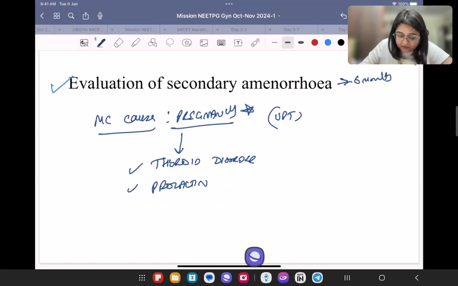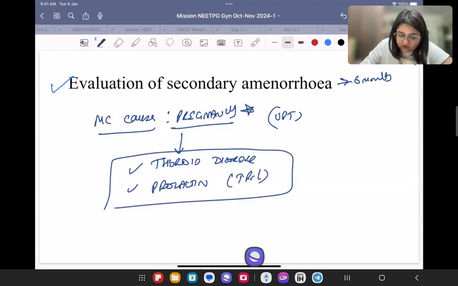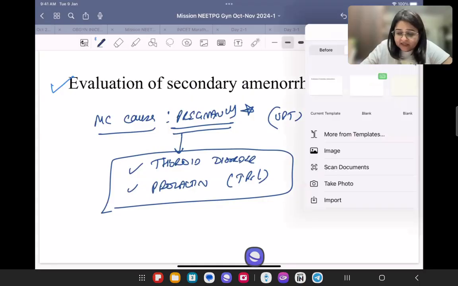So hyperprolactinemia is another very common cause of secondary amenorrhea. So rule out thyroid disorders, rule out hyperprolactinemia, and primarily rule out pregnancy. Once you've ruled out these three, pregnancy, thyroid, prolactin, then what do we do?